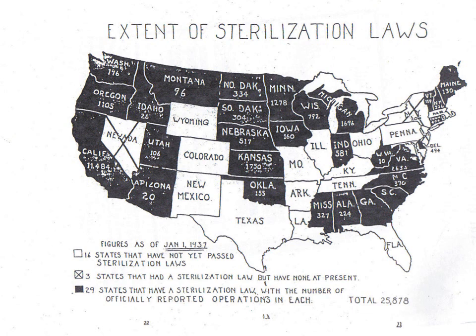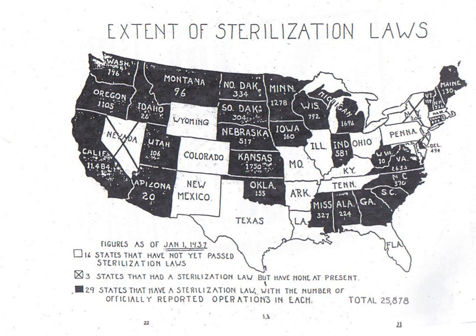You could see up in New York and in New Jersey they had sterilization laws, but by January 1st, 1937 had gotten rid of them. New York had sterilized, it looks like, 206 people, but then got rid of their sterilization laws.